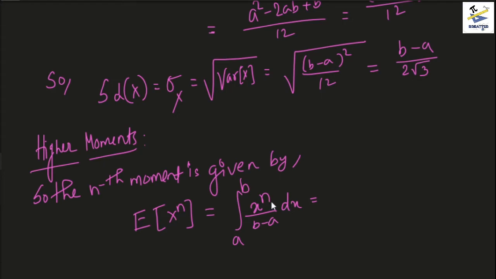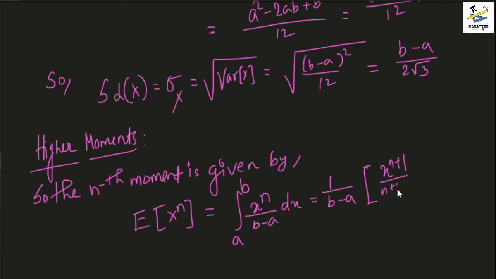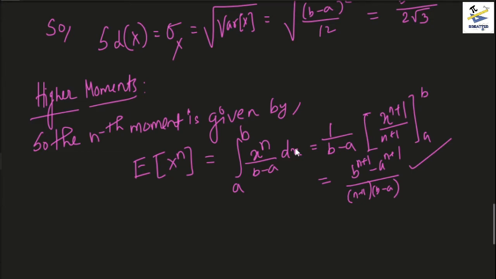And since you know the antiderivative for x to the power n is just x to the power n plus 1 by n plus 1, this gives us 1 by b minus a, and x to the power n plus 1 by n plus 1 from a to b, and this would give you b to the power n plus 1 minus a to the power n plus 1 by n plus 1 whole into b minus a. This is the expression for the nth moment of the uniform distribution. And so things are pretty simple here because of this fact.